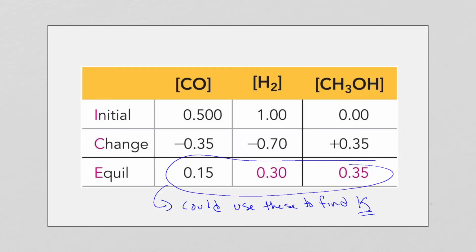We'll be coming up with our equilibrium concentrations. In some cases we'll use them to find K. Other times we'll be given K because we need the value of the equilibrium constant to figure out what the equilibrium concentrations are.